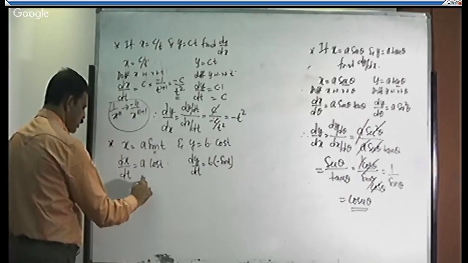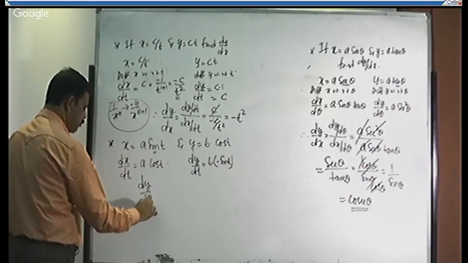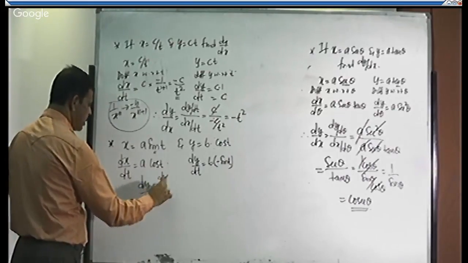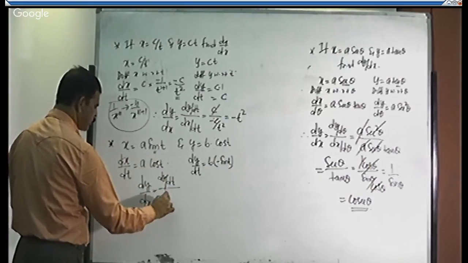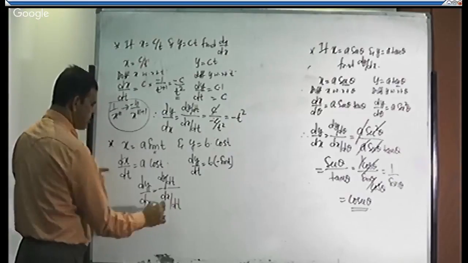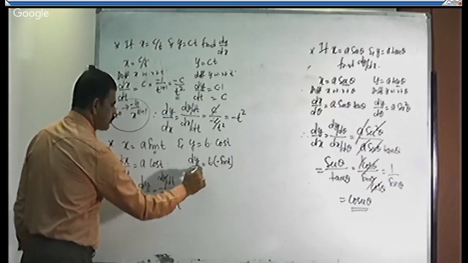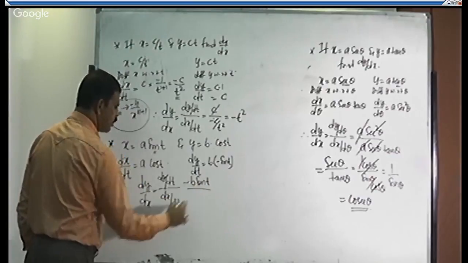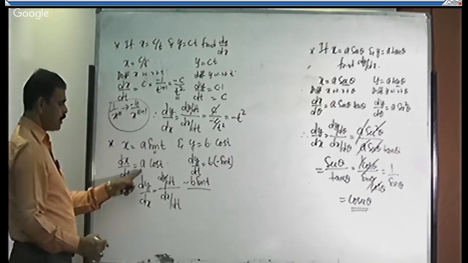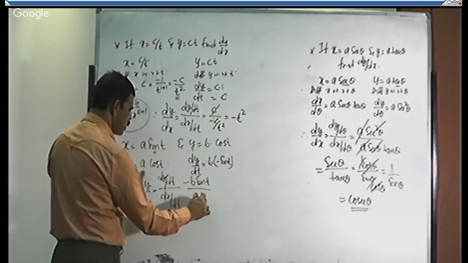So finally, dy by dx becomes dy by dt divided by dx by dt. What is dy by dt? It is minus b into sin t, divided by dx by dt, which is a into cos t.